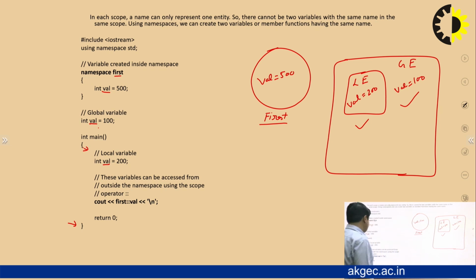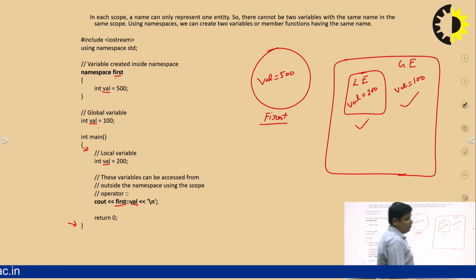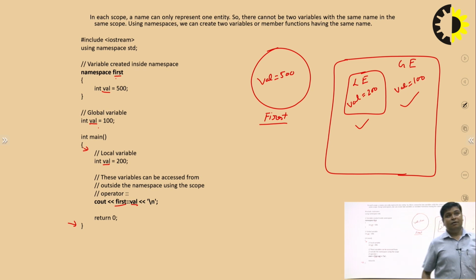Now, you will see here, I am using the variable val, okay, but of which environment? The first environment. So, definitely I will get 500. So, do you understand this issue? Okay.